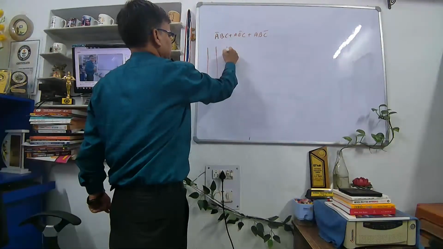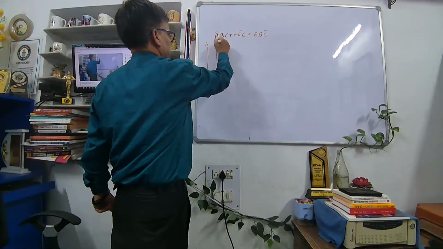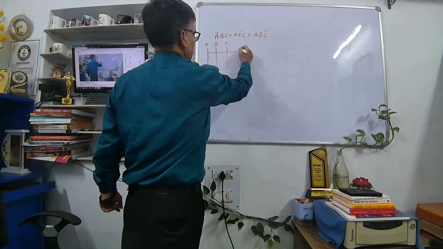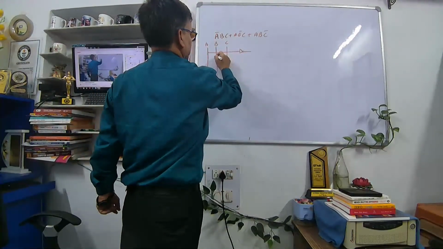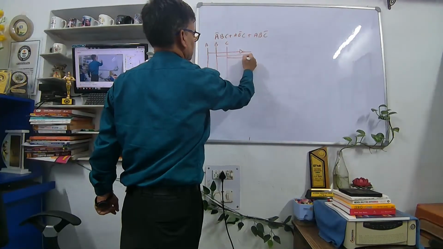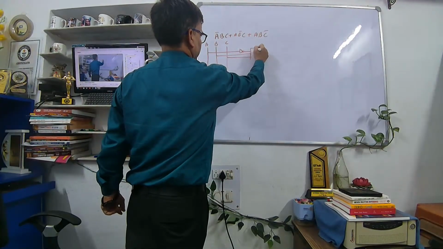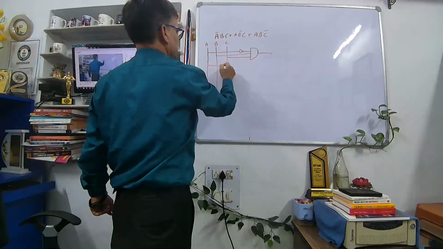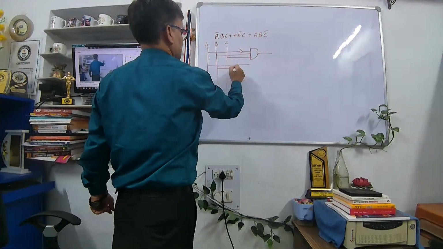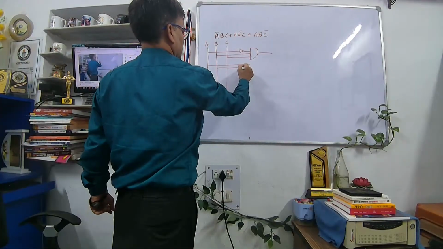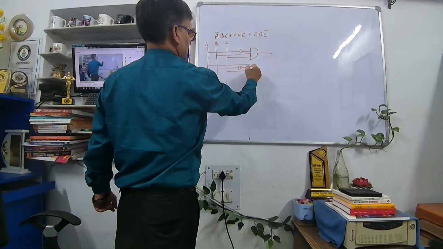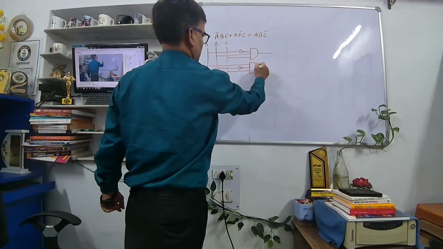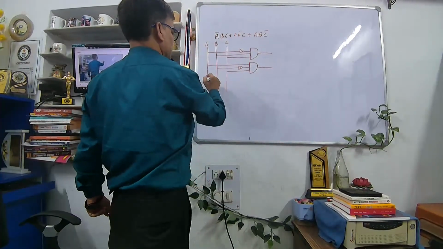I can also do it like this. I took these 3: A bar, B, C; then A, B bar, C; third is A, B, C bar.